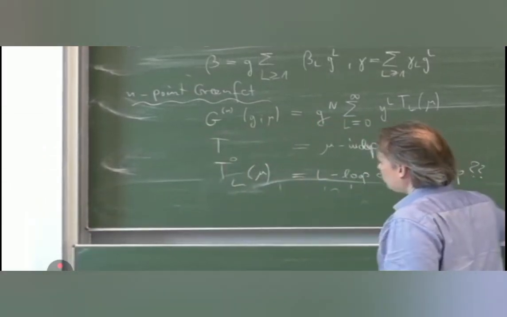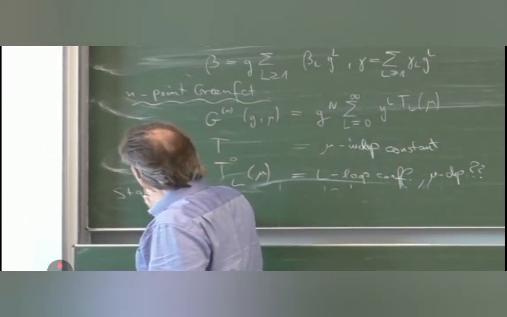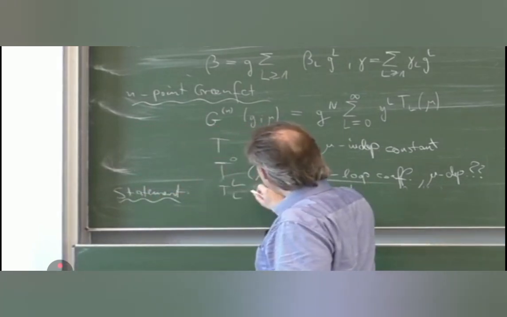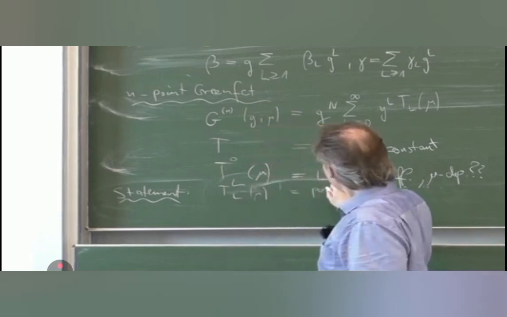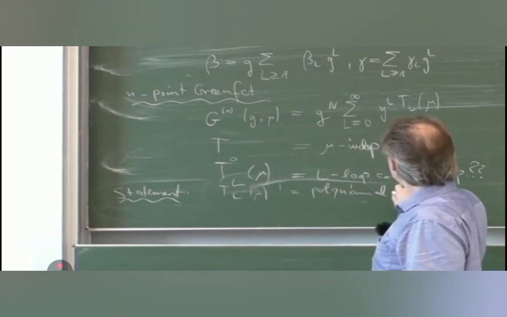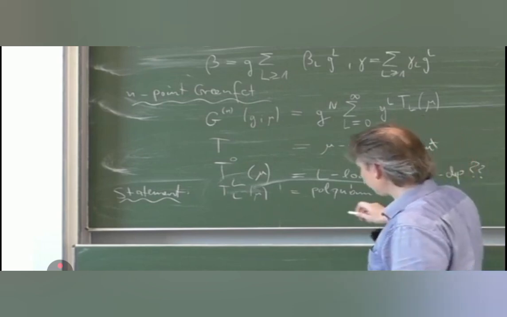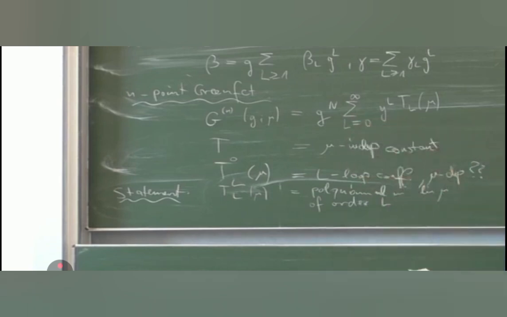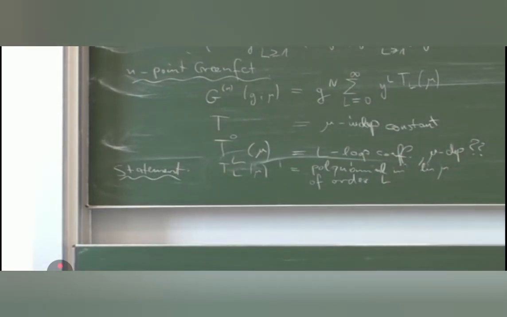The statement is that this G_L of μ is a polynomial in ln μ of order L. This is like at one loop where we saw explicitly ln μ to the first power, never saw ln μ squared, but that is representative for the general case of all loop orders in the polynomial.